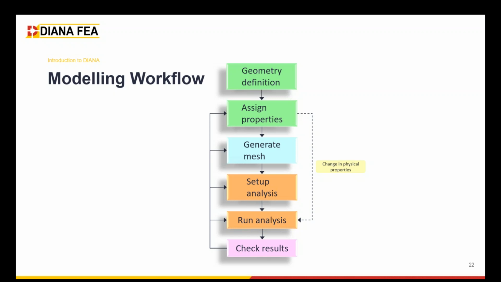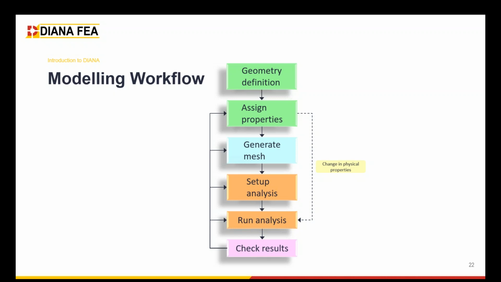So it means that for any change you may want to, I don't know, for instance, you want to change the Young's modulus of one of your material, or you want to change the boundary condition, you do that at the geometry level. So it means that before this change is transferred to your finite element model, you need to remesh.